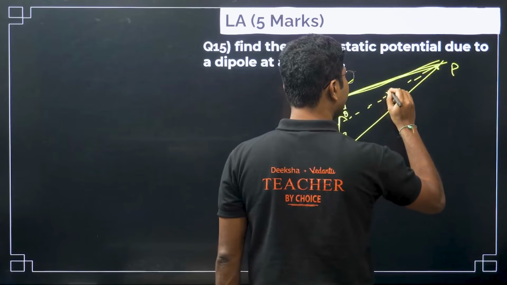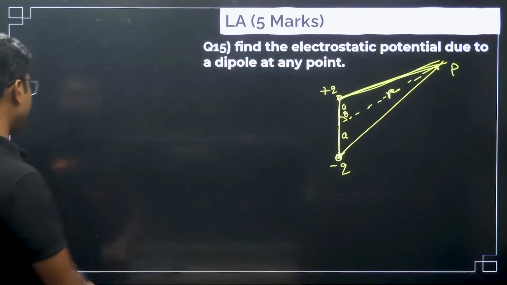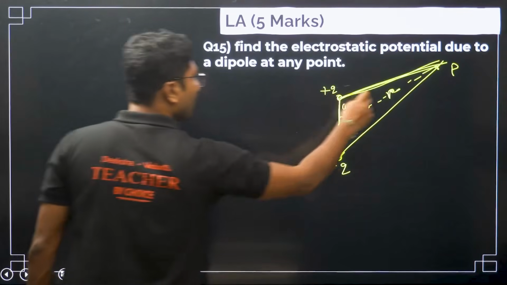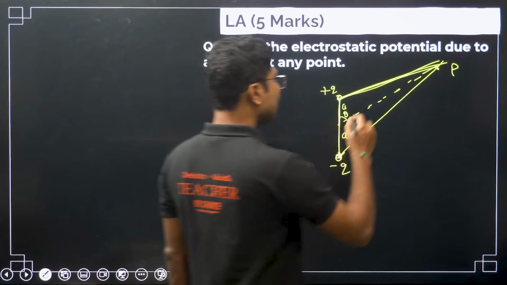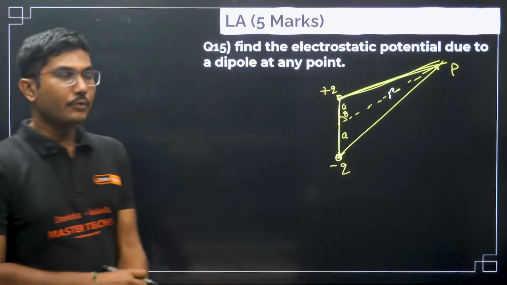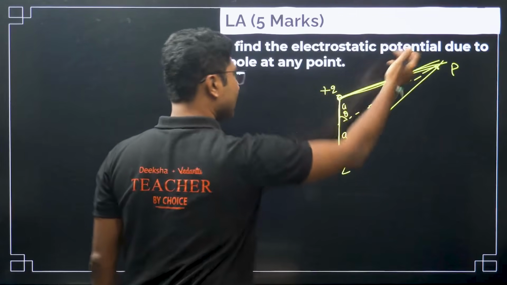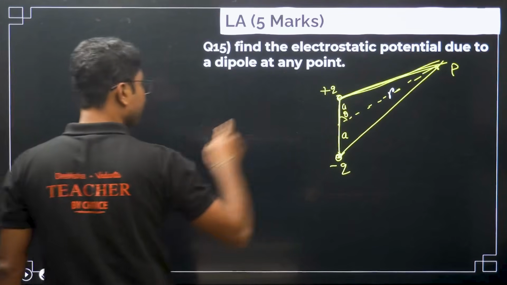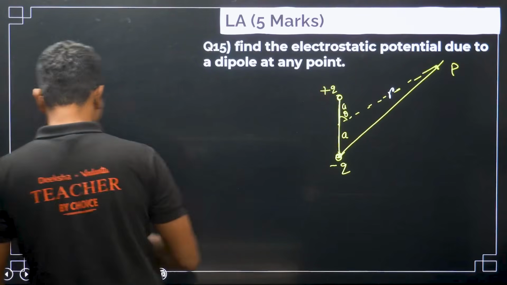So this distance is r. We are basically trying to find these two distances, top and bottom, in terms of r. That is our main target.